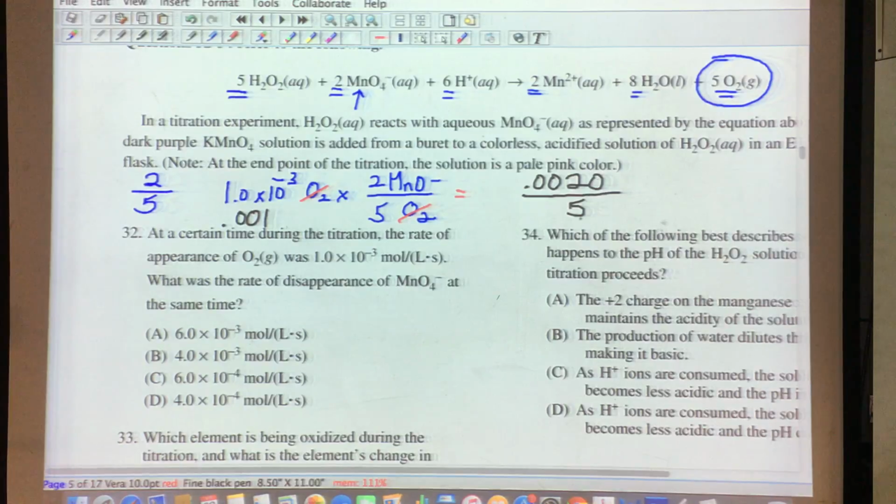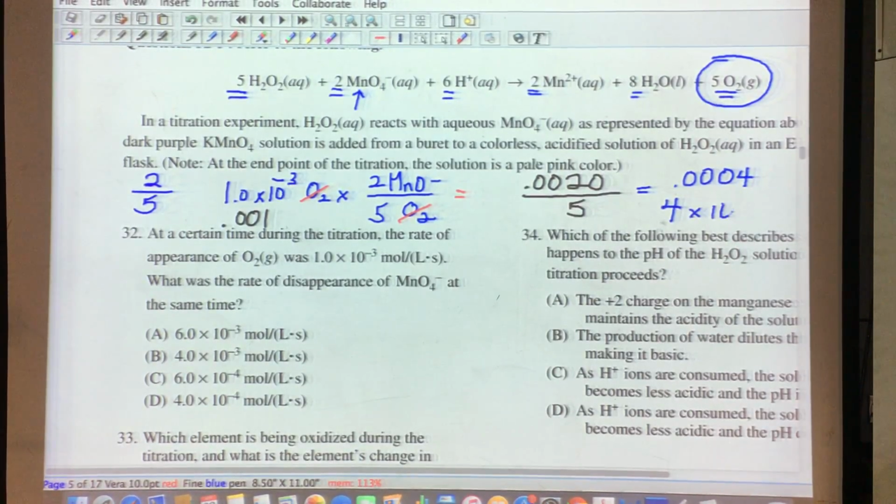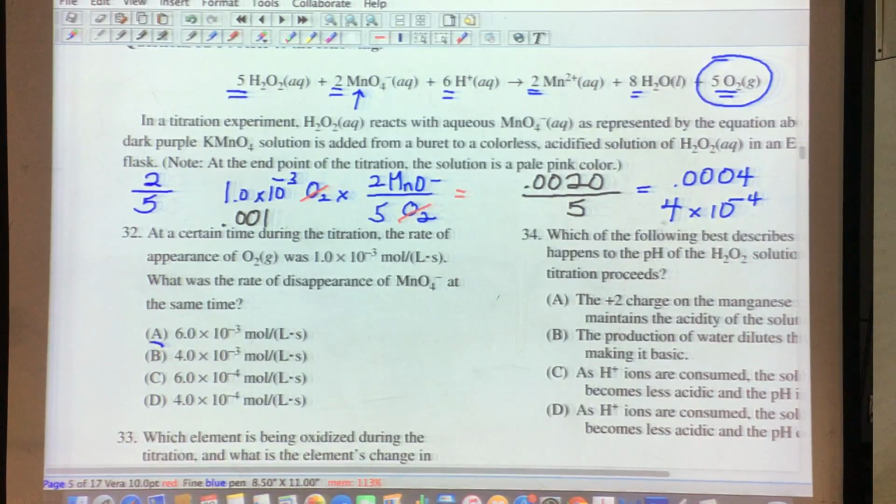Isn't this really 20 divided by 5? Yeah. Now it's not going to be 4 here. The 4 is going to be over here, correct? So that's going to be equal to 0.0004. That's it. Which is the same thing as 4 times 10 to the negative 4, which is choice B.